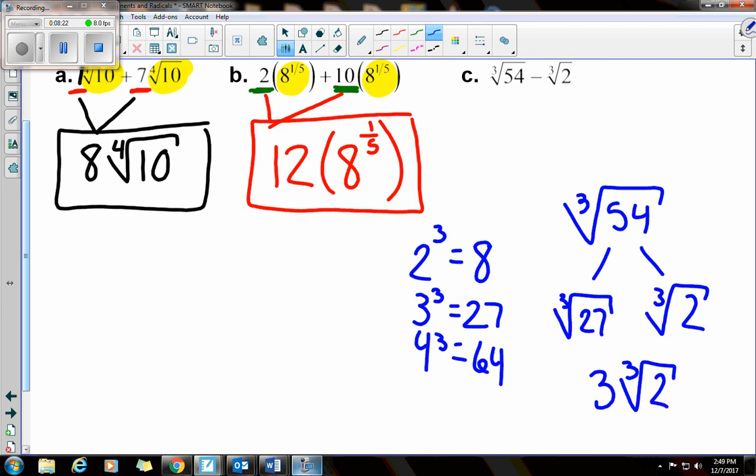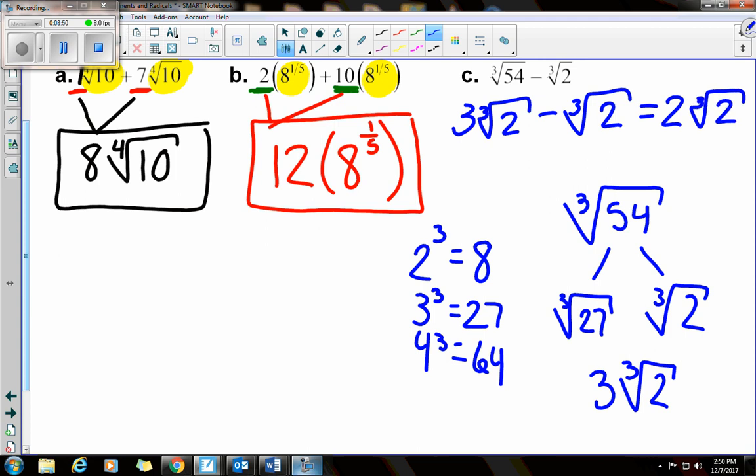So if I change this, now I can deal with this a little bit more. 3 times the 3rd root of 2 minus 1 of those 3rd root of 2's. So if I take 3 3rd root of 2 minus 1 3rd root of 2, I'm going to come out with 2 of those 3rd roots of 2.